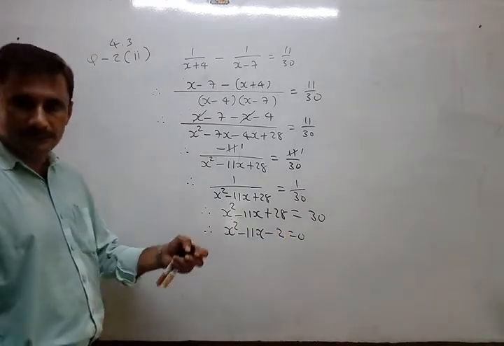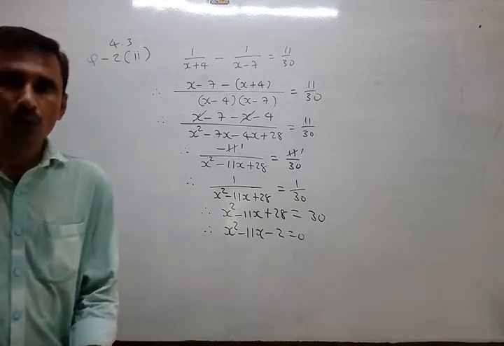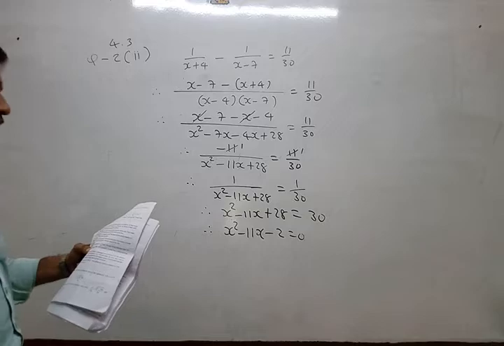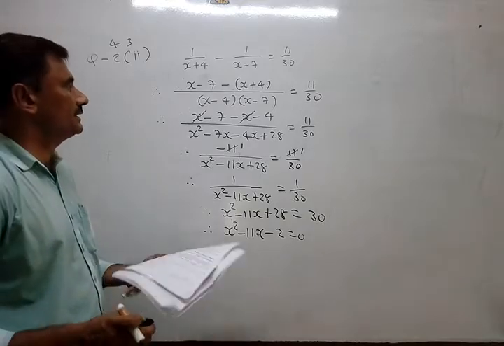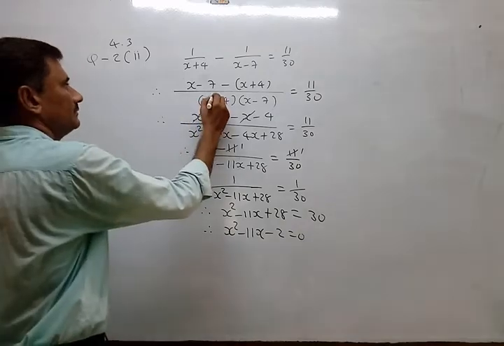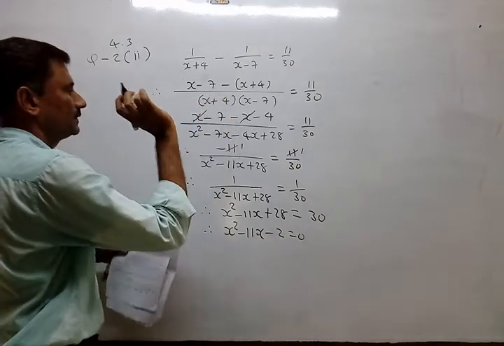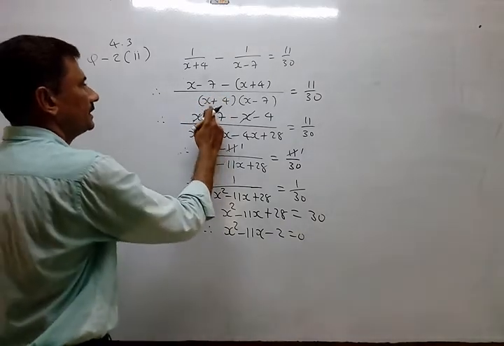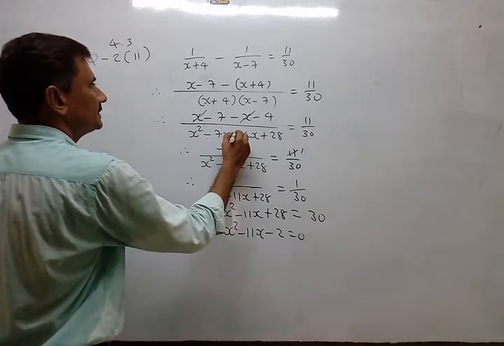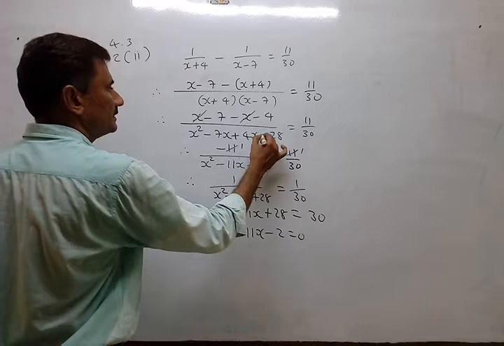Again I just revise the whole sum. First of all, write down the question value. x plus 4 minus x minus 7, 11 by 30. Sorry, it is plus. I made one mistake here. It is plus. Okay. So x minus 7x plus 4x minus 28.